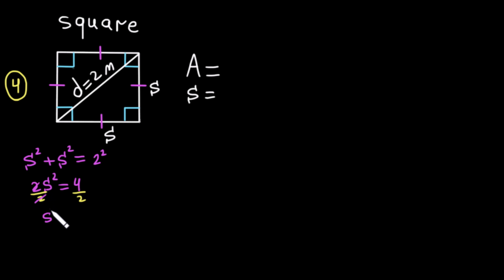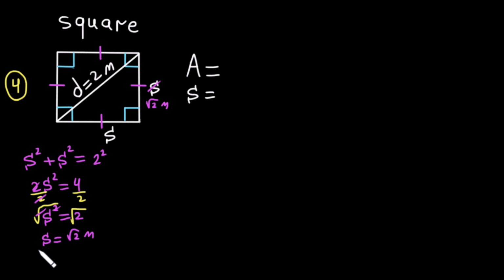It remains s squared equals 4 divided by 2, which is 2. Now let's take the square root for both sides to find this s. So this 2 will vanish with this square root. So s equals the square root of 2 meters. So this side is the square root of 2 meters.